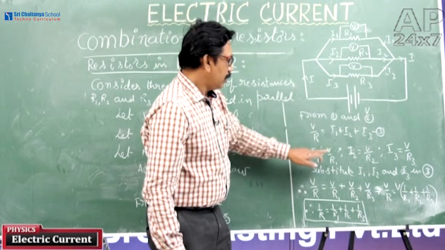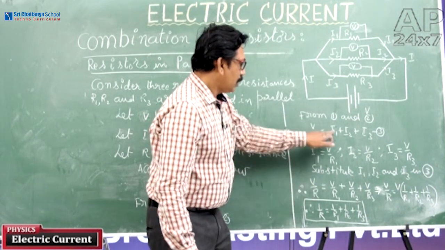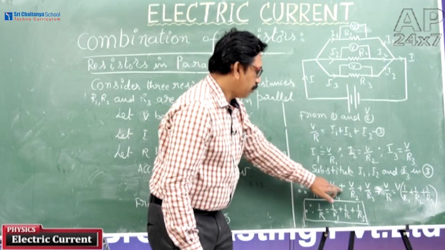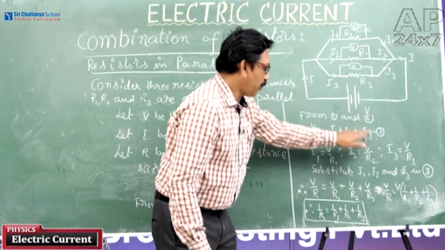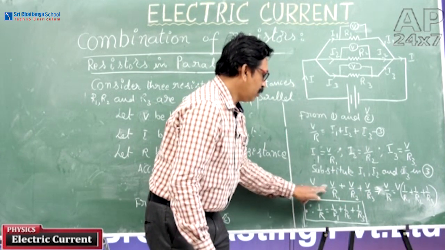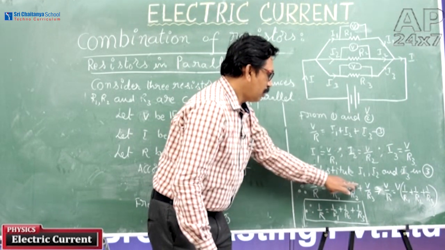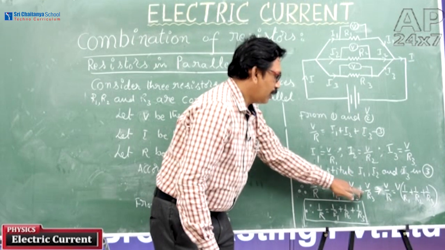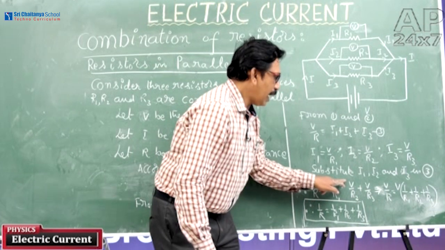I am substituting. Therefore, V by R is equal to, in place of I1, V by R1 plus, in place of I2, V by R2 plus, in place of I3, V by R3. So, V by R is equal to V by R1 plus V by R2 plus V by R3. That implies V by R is equal to, I can take V as common.